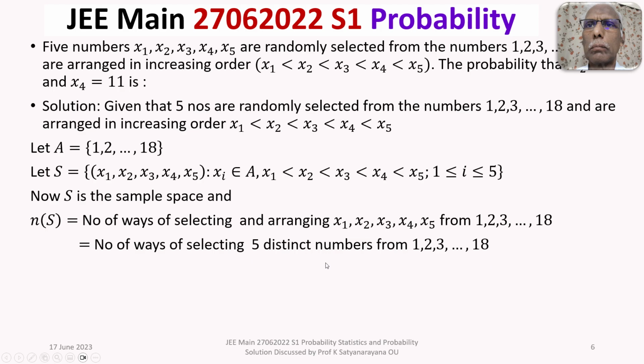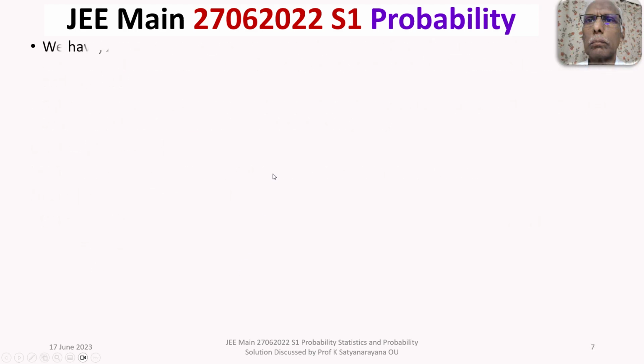Out of 18, you have to choose 5 distinct elements. So that is 18C5. This is the number of elements present in the sample space. We have A as the set consisting of 1 to 18, and n(S) is 18C5.